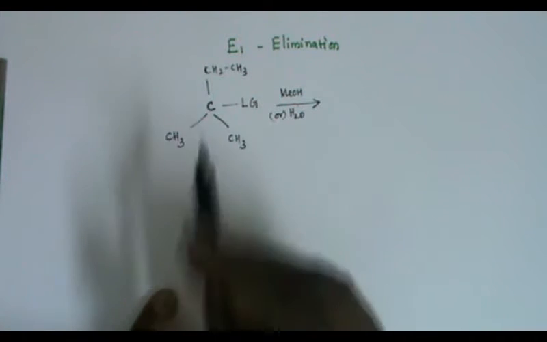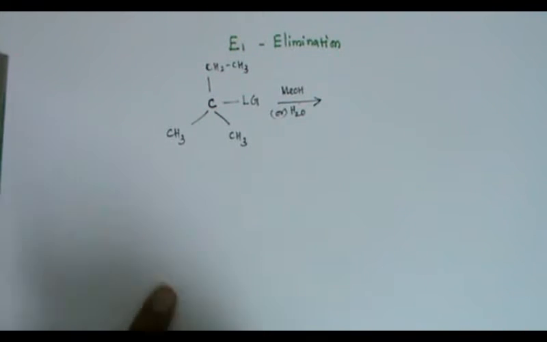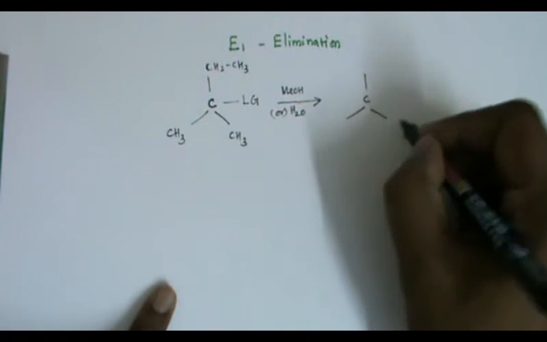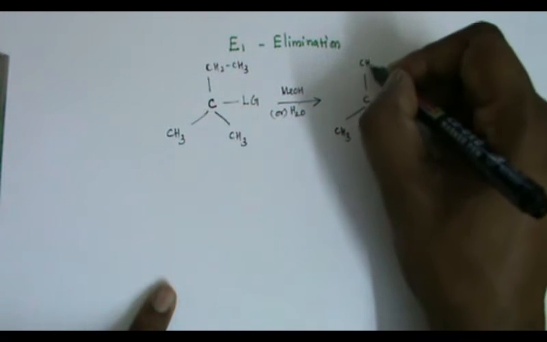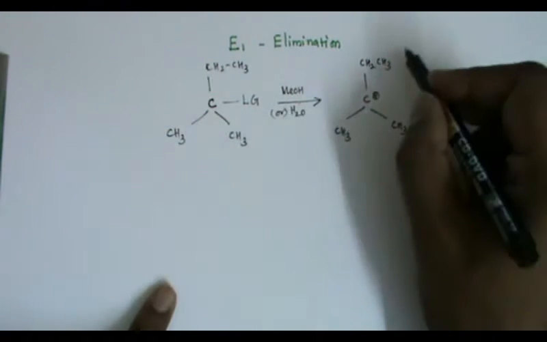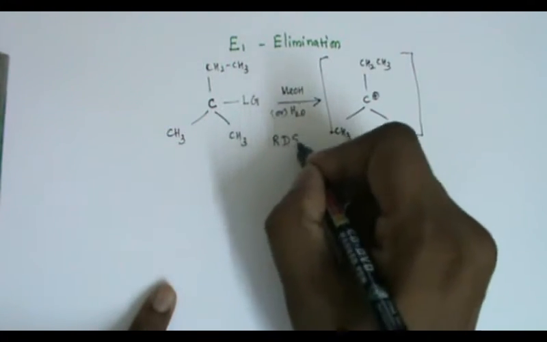In fact, E1 is competitive with the SN1 reaction. This forms a carbocation like this, which is planar. This is the intermediate and this is the rate determining step, RDS.